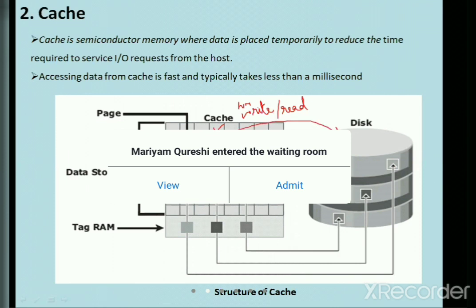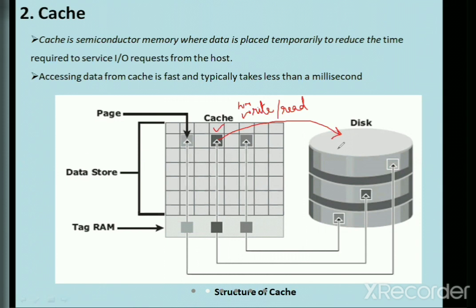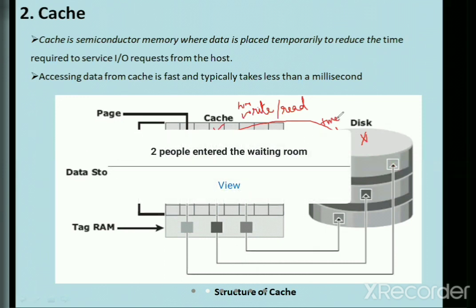That means it is complete storage. The data will not be deleted until a disk failure occurs, whereas from the cache it can be deleted at any time. So remember, writing data to the disk is time consuming.